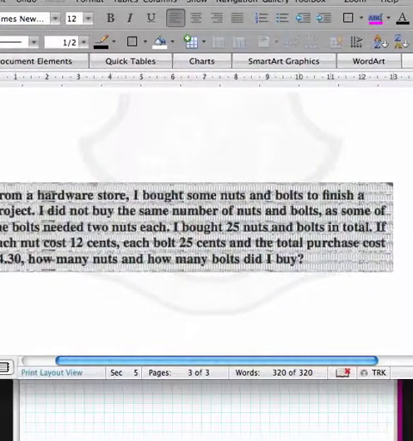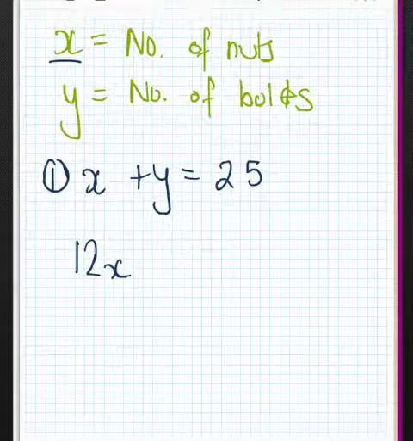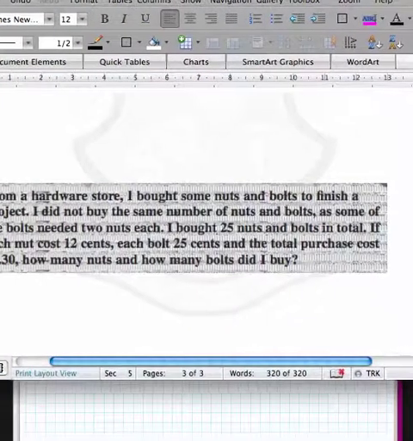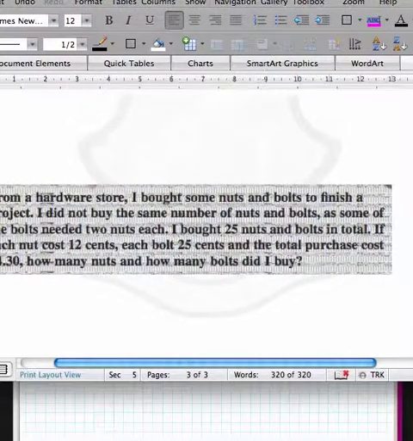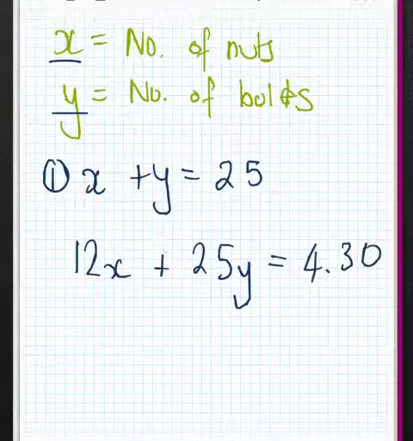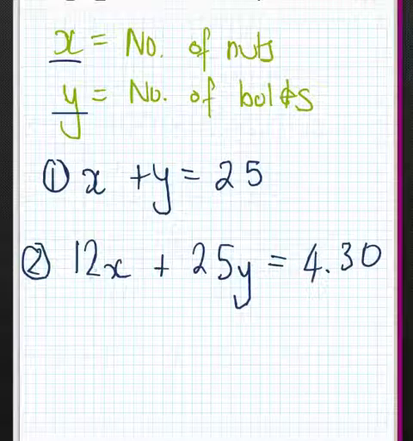And then each bolt costs 25 cents, so plus 25y, which represents the number of bolts, came to a total purchase cost of $4.30. So equals $4.30. Don't write your dollar sign because we're doing it in an equation. And there's equation 2. The only reason why this was harder is because you have to have 12x to show each nut costs 12 cents and each bolt costs 25 cents.